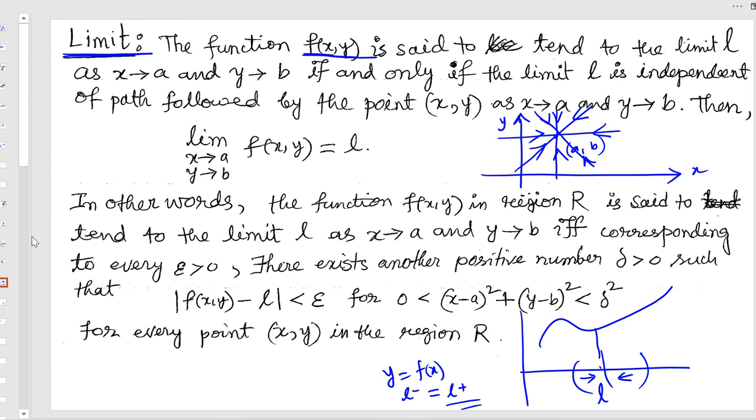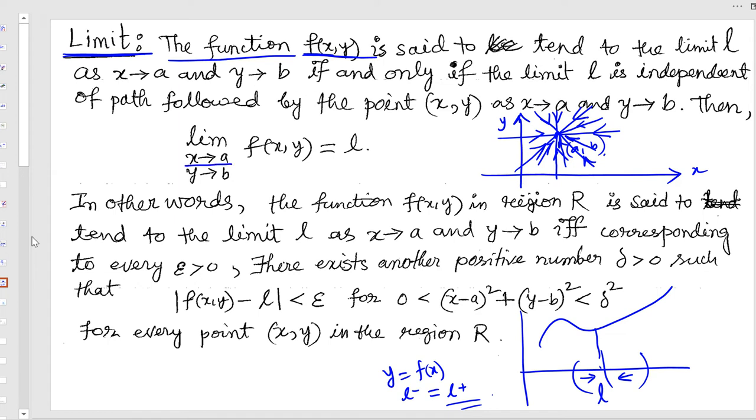But here we don't have this. Here you can move; there is no right hand or left hand limit. In fact, infinite number of paths are there to reach any point. So that is why we define the limit in a different way.